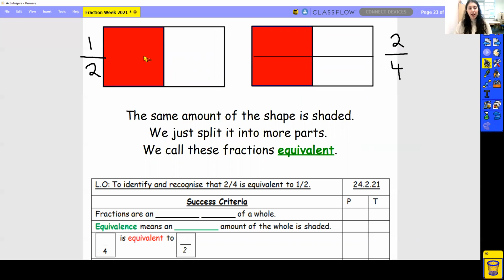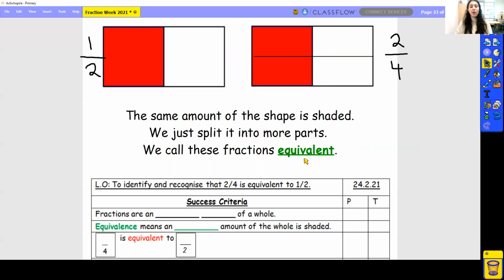All I did was half that half again, and instead of having 1 shaded, I now had 2 of my parts shaded, and instead of having 2 parts, I now had 4 parts. So what we say, because 1/2 and 2/4 of our shape being shaded meant that the same amount of the whole was shaded, we say that these 2 fractions, 1/2 and 2/4, are equivalent.